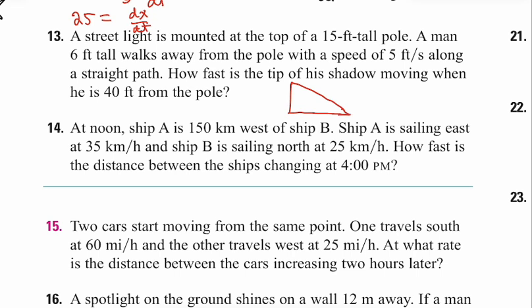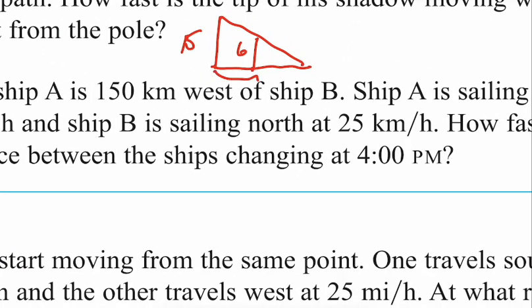So the light pole is constant. The person's, no wait, I'm sorry. I said it right, but I didn't put the right numbers in, okay. The light pole is constant, 15. The man's height is constant, 6. Now, I've seen it done a few different ways. You can call this whole thing y and this little piece x.